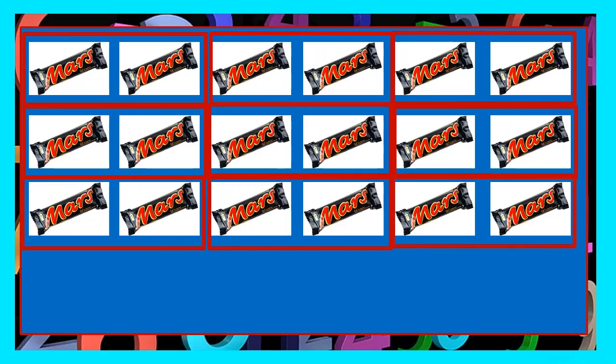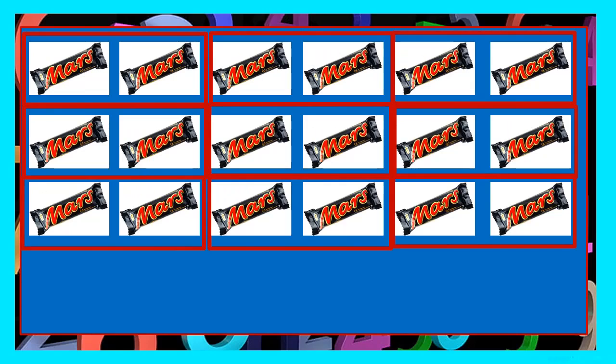So what do you notice? How many chocolates are there in each group? You're correct. There are 2 chocolates. If Anna is going to divide her 18 chocolates into 9 equal groups, there would be 2 chocolates in each group.